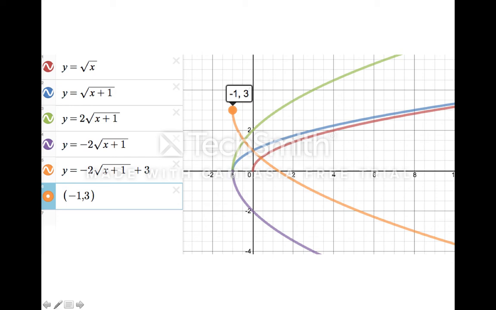So the purple graph is going to get moved up 3 units, and here is our final result, the orange graph. And we graphed it not by plotting points, but by using transformations. A transformation that shifted it to the left, that compressed it, that reflected it, and then moved it up 3 units vertically.